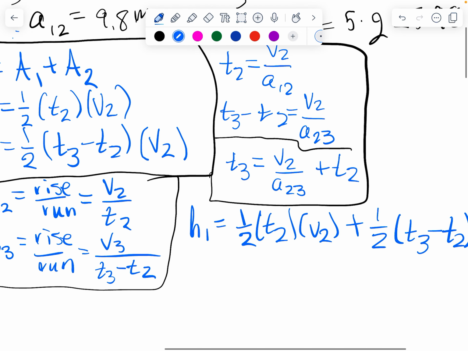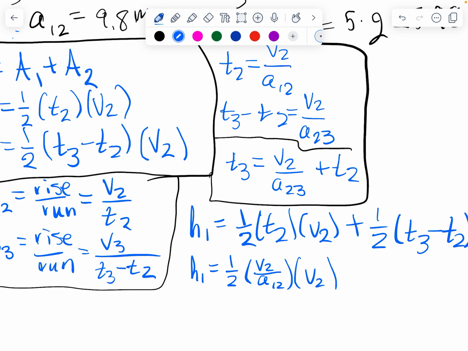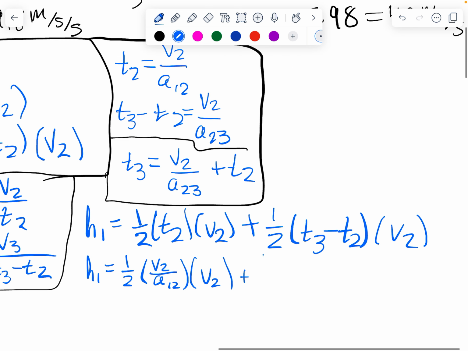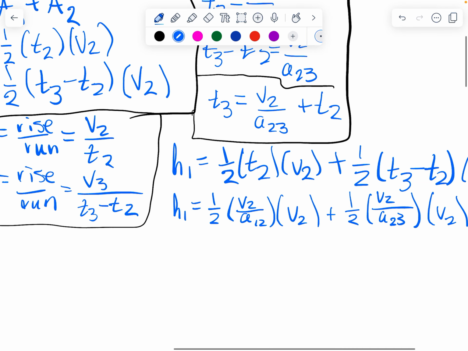So let's plug that in. H1 equals 1/2 times V2 over A12 times V2. Then plus 1/2. Well, we know T3 minus T2, right? So let's write that out. Times V2 over A23. Awesome. And then we multiply that by V2. So from now, let's just simplify.